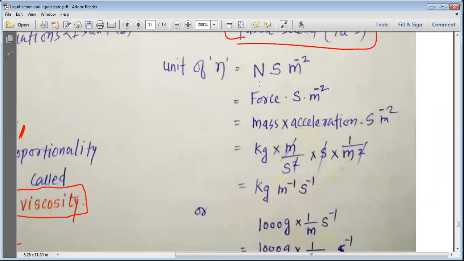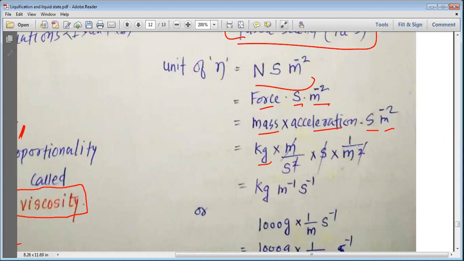In the same way, we have seen that one of the units of eta is Newton into second per meter square. Newton is force, that is second, and per meter square. You know, force is mass into acceleration, into second per meter square. For mass we write kg, for acceleration we write meter per second square.